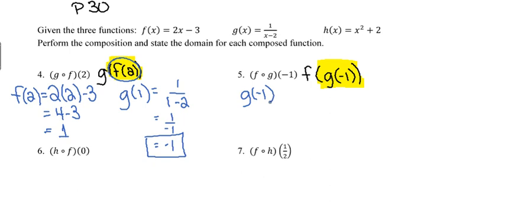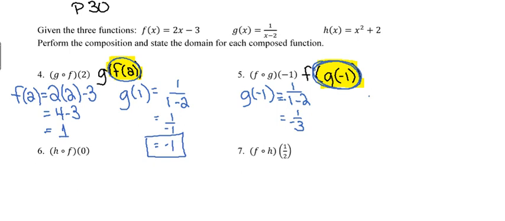So g of -1, when I substitute or plug -1 into the g of x function, becomes 1 over -1 subtract 2, which is 1 over -3, or -1/3. So again, now I know that this highlighted piece of it has a value of -1/3.